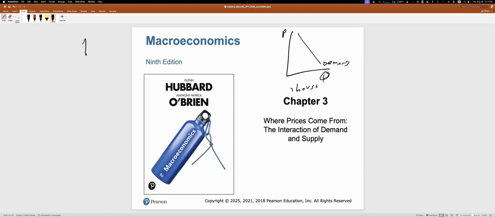We're going to give it a Q, standing for quantity, a price with P, and we're going to have a demand curve and a supply curve. And we're going to get from supply and demand an answer to this question: where do prices come from? They come from supply and demand.